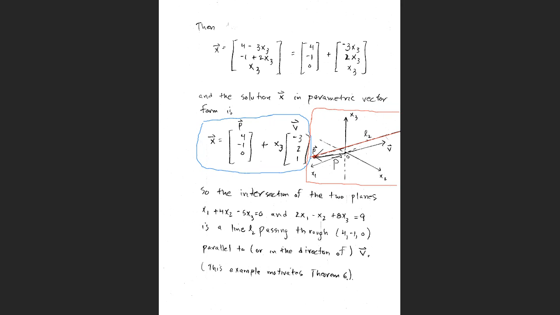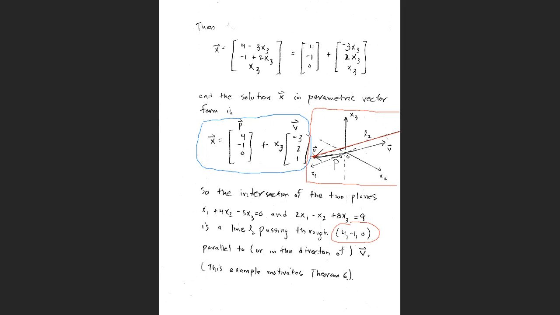So understanding why the line passes through the point 4, -1, 0, and why the line is parallel to the vector v, it really helps if you understand vector addition and you understand parameters.